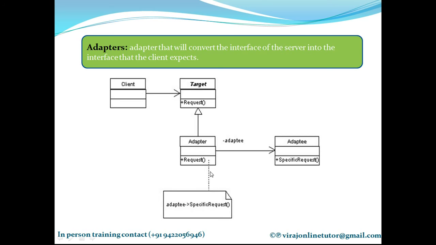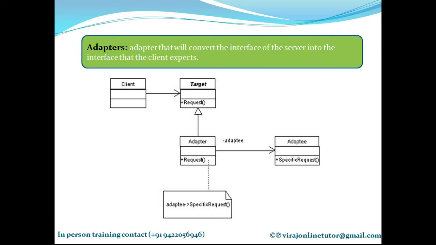I have an object of adaptee created inside this adapter, and using that object I invoke the specific request function of adaptee, and this I embed inside the definition of request.